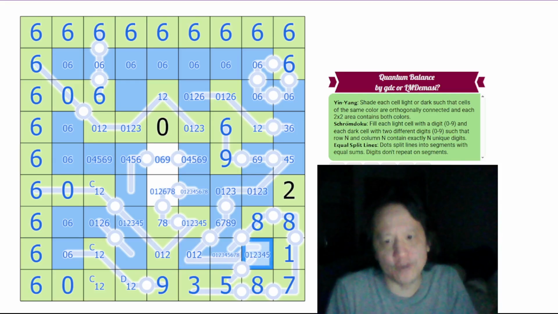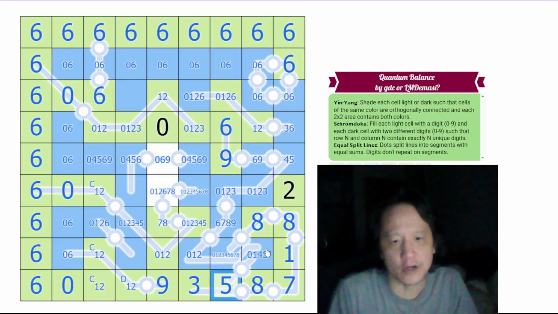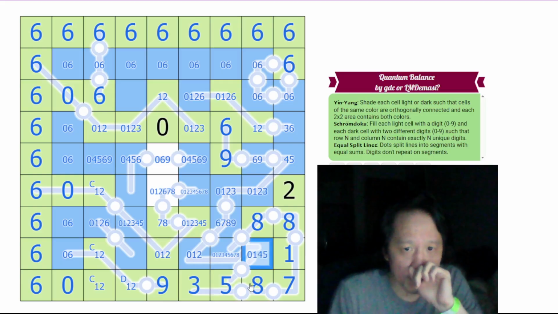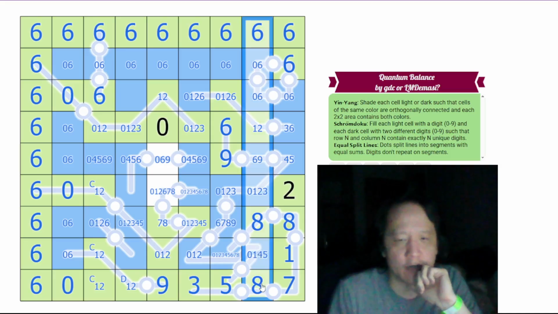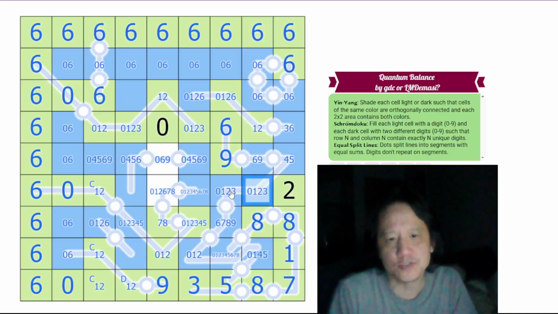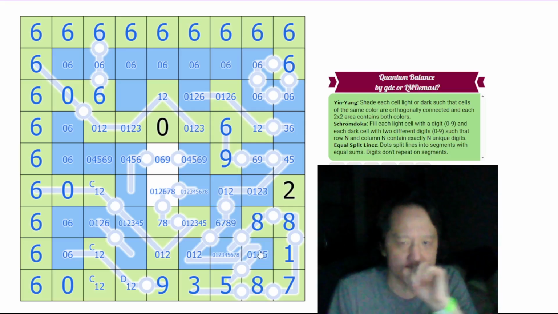So this is 4 or 5, which means it's 0 or 1 here. I think this has to be a 3. We don't have 3 anywhere else in the column, so yeah, that has to be 3. And this is 1 out of 4 or 5.